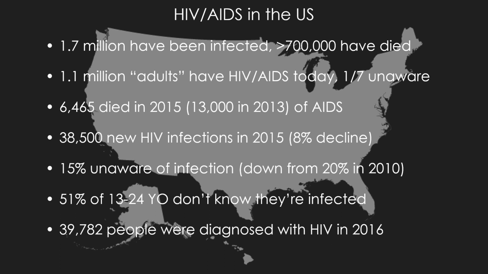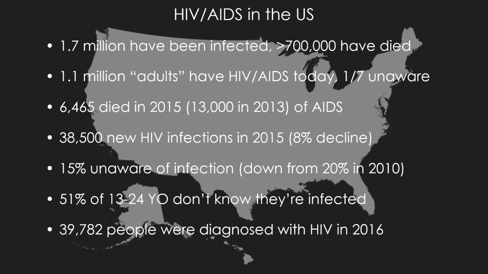So in the US, 1.7 million people have been infected and about 700,000 have died. 1.1 million adults have HIV and AIDS in the United States today, and 1 in 7 are unaware, which is an extraordinary statistic because just a few years ago it was 1 in 4 that were unaware that they had HIV, which meant they weren't getting treated and they weren't protecting other people from infection.